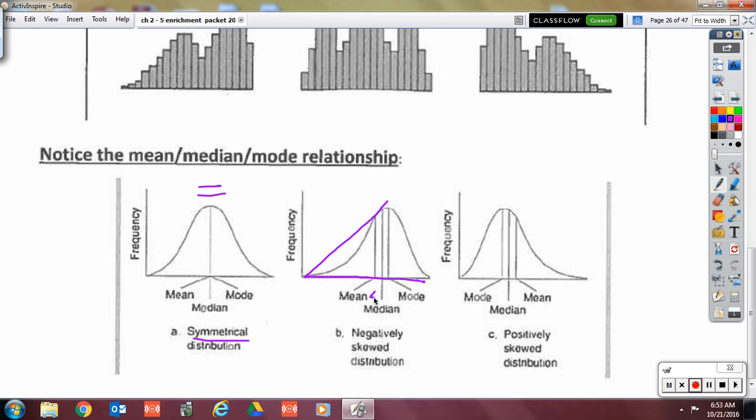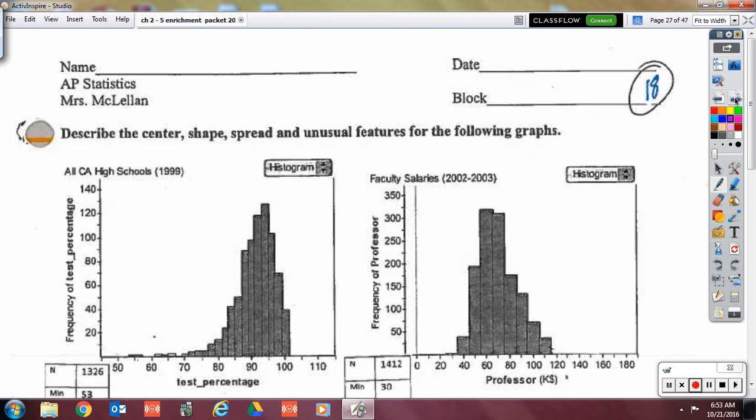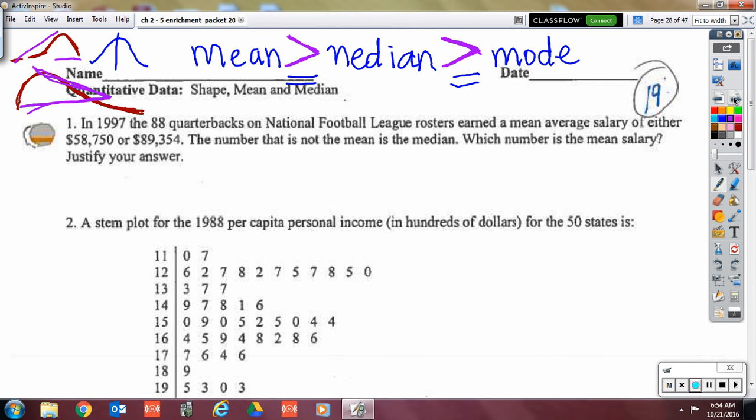And if it is skewed right, then the mean is greater than the median. And then we'll write here on this middle one, the mean is less than the median. Okay? All right, so let's keep that in mind, and let's take a look at this first problem here on this page.